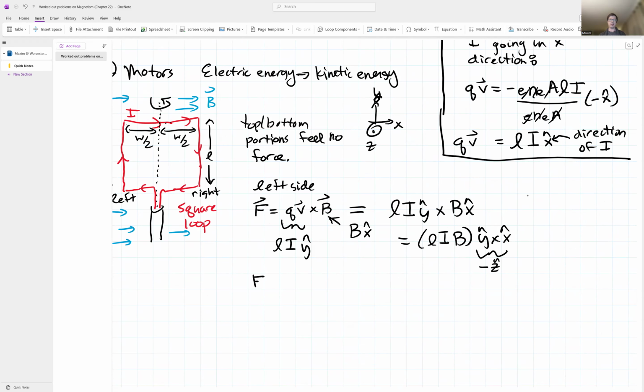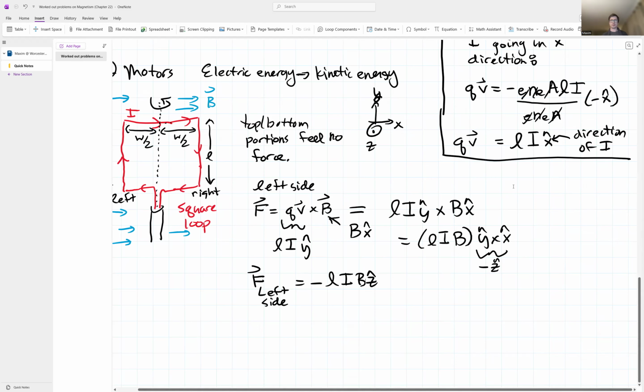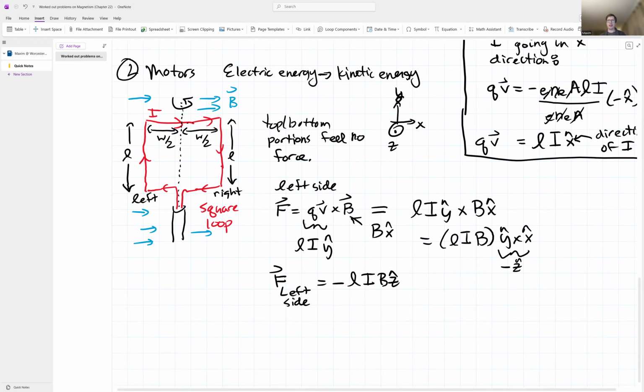So in the end, the force on the left side of the loop is equal to minus LIB z hat. And z is going out of the board at us. So it's negative z, so it must be going into the board.